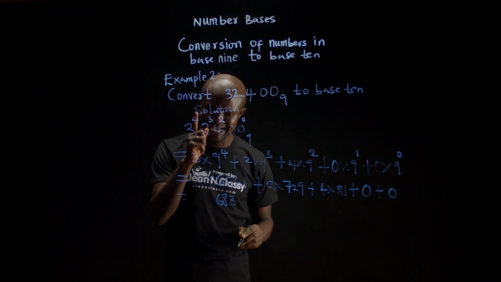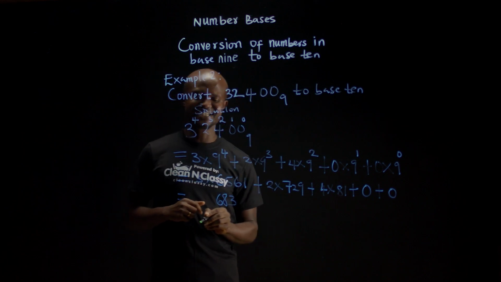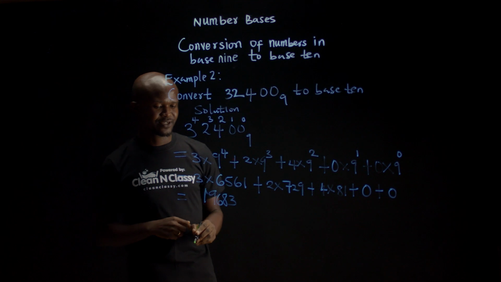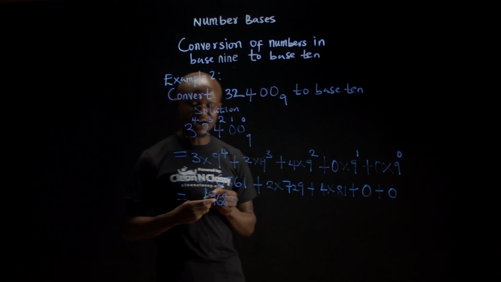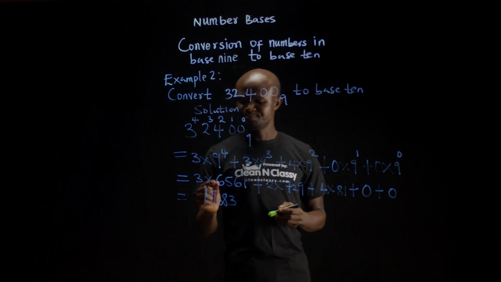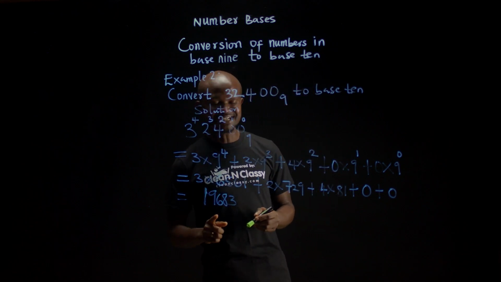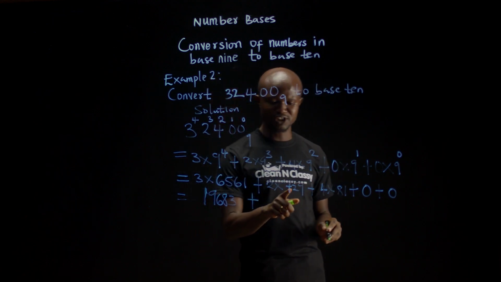Then we carry 1 again. Now, 6 times 3, 18. Plus 1 that we carry, that is 19. So it means that we now have the value for 3 times 6561 to be what? 19,683.